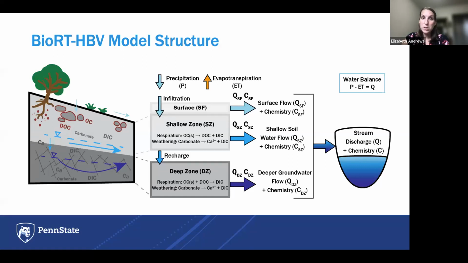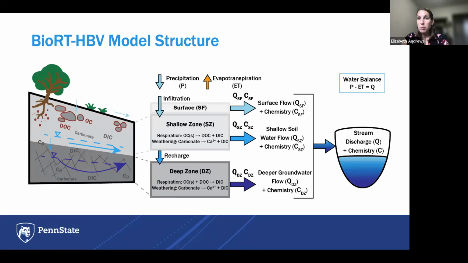We have precipitation input to the top, evapotranspiration leaves the top of the system, and we have the surface zone where we have a certain chemistry and we can have runoff or discharge associated with the flow through the surface. And we can have infiltration from the surface to the shallow zone.